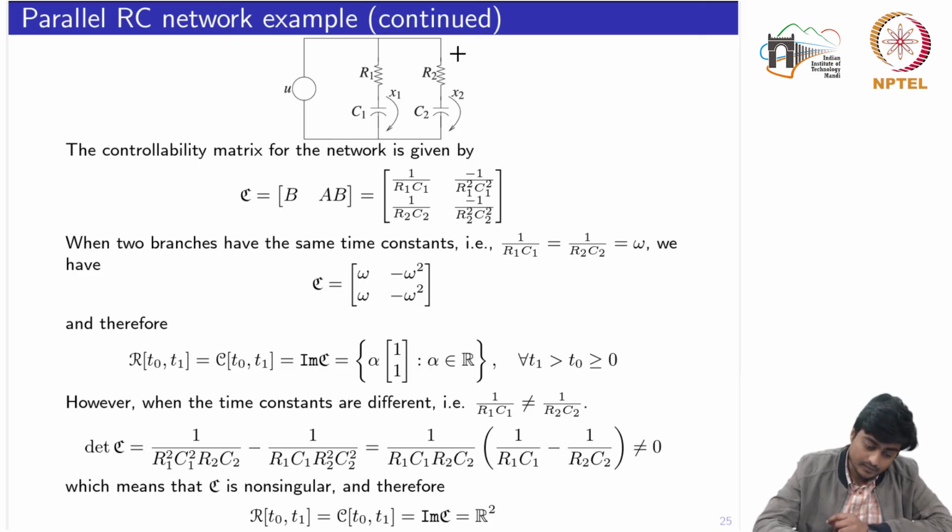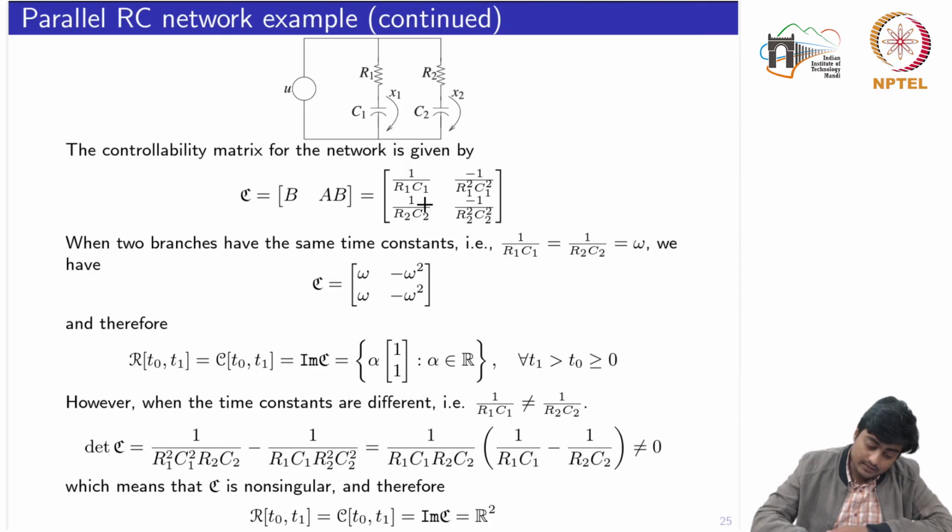Okay, and which means that the system is not completely controllable. So again, if we compute the controllability matrix for that particular example, we would obtain this. Now those subspaces we have computed when R1C1 is equal to R2C2.